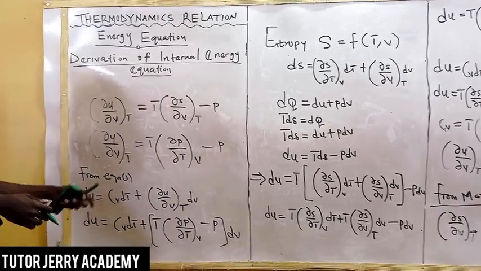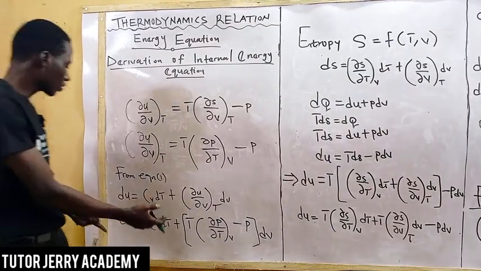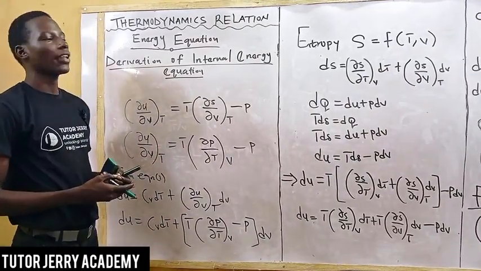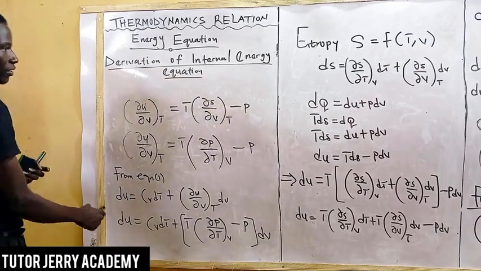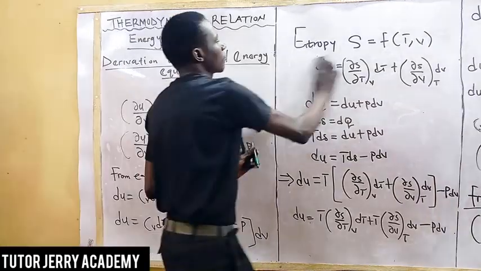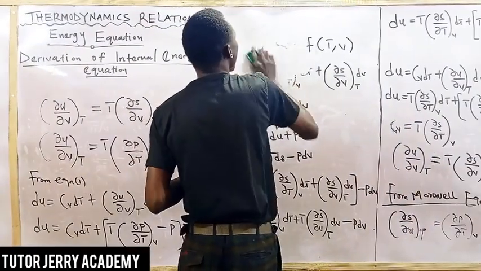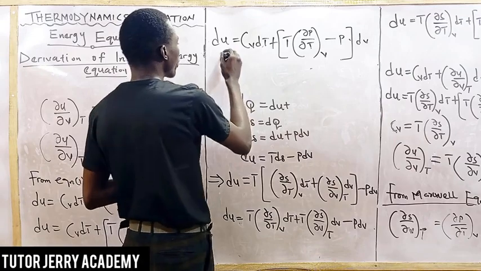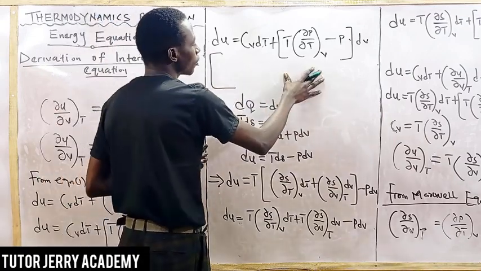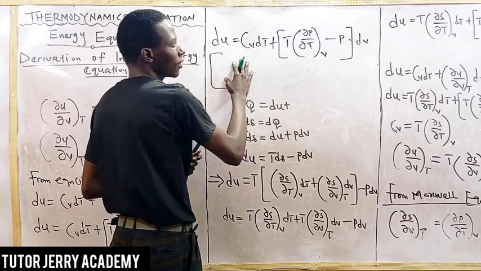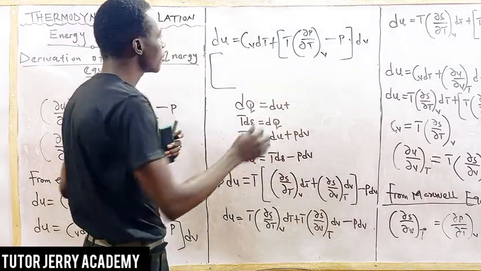So this equation can be said to be the equation used to calculate the internal energy in thermodynamic analysis. So we can say this is our equation. Let's rewrite it here. So for the purpose of exams, if you are asked to derive an equation involving internal energy that can be used for thermodynamic analysis, we have this equation.